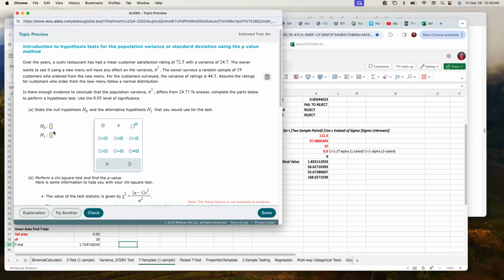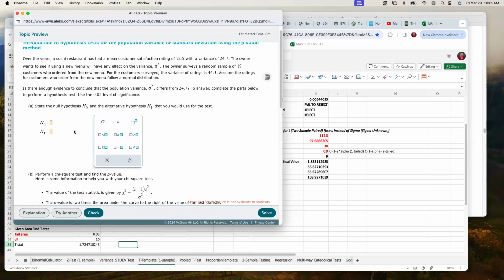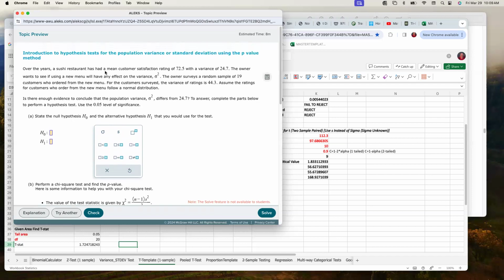Sometimes we can use an f-test to test for equal variances, but we're testing for a specific value here for the population variance. Okay, so the scenario is we have a sushi restaurant, and they do give you the mean here.